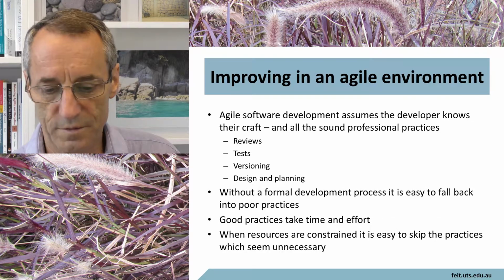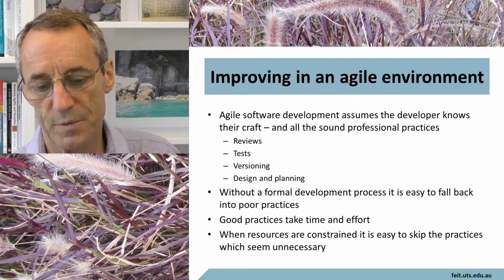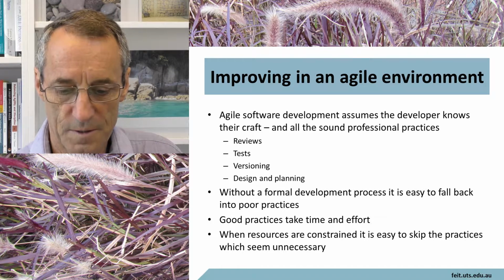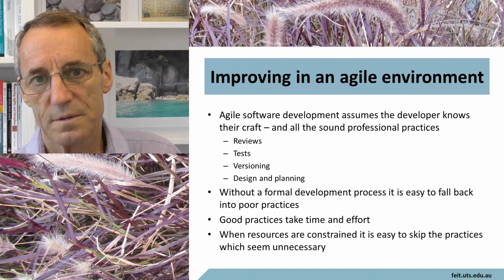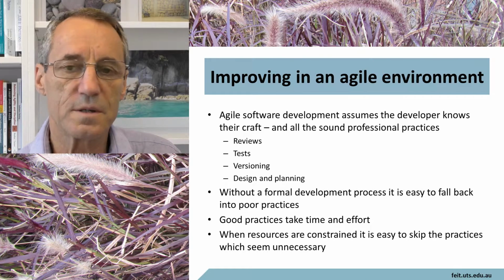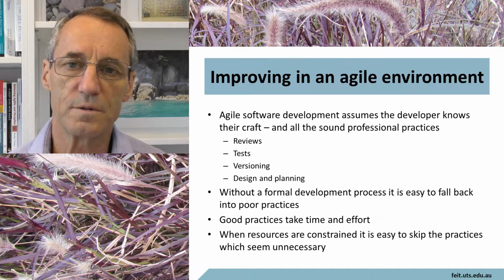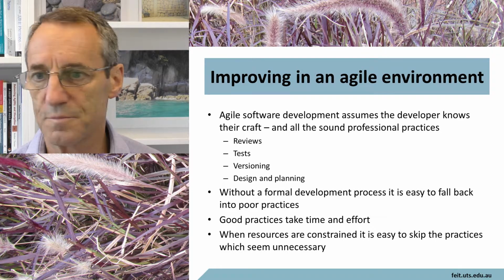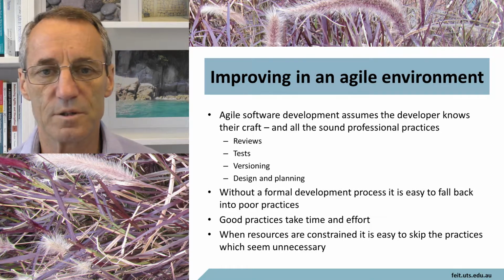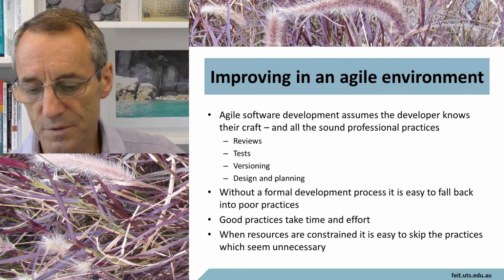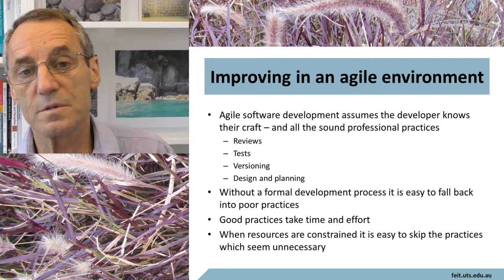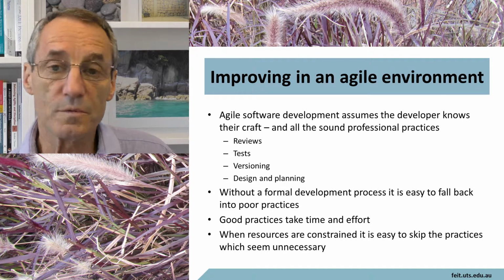So with Agile software development, we assume the developer knows their craft and all sound professional practices. That is, not only do they know how to design an architecture and to code, but they also know about reviews, peer reviews, formal reviews.